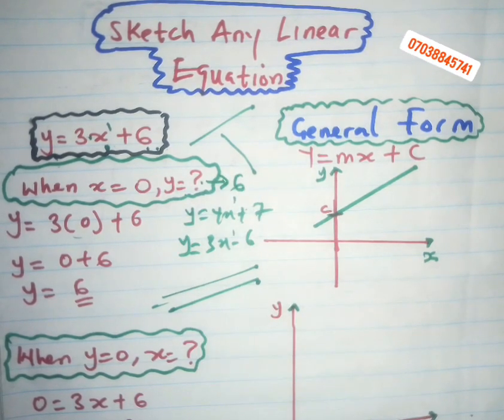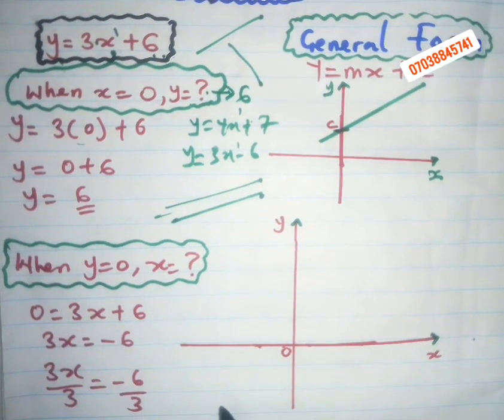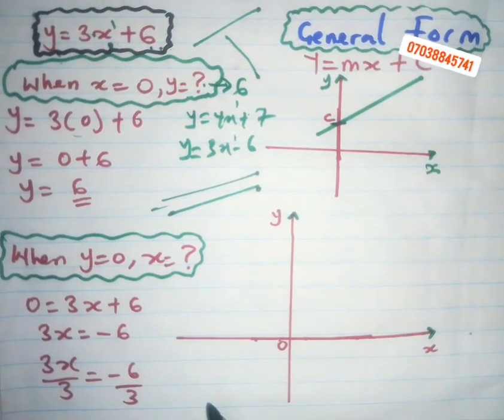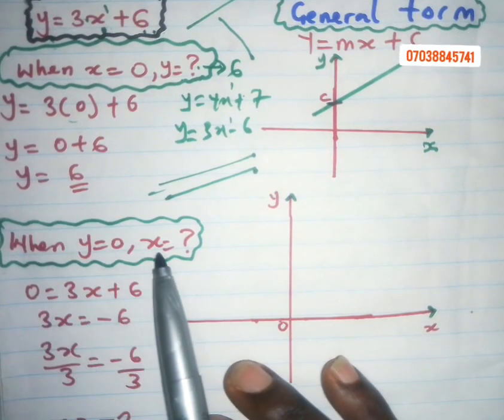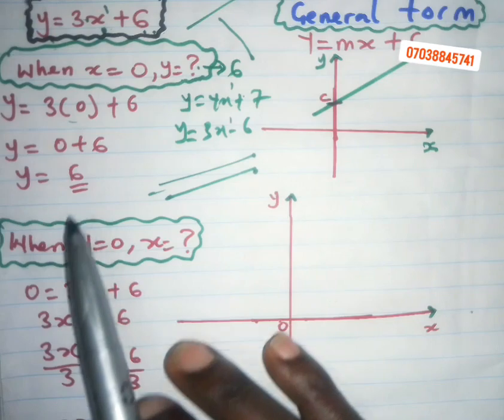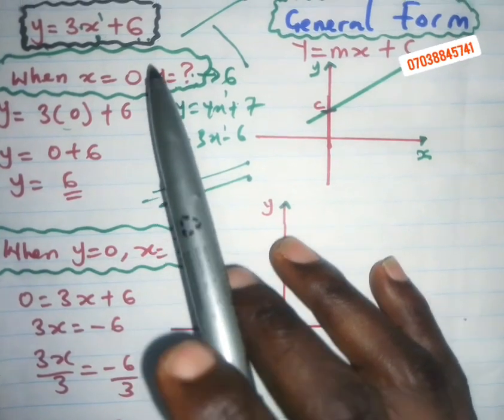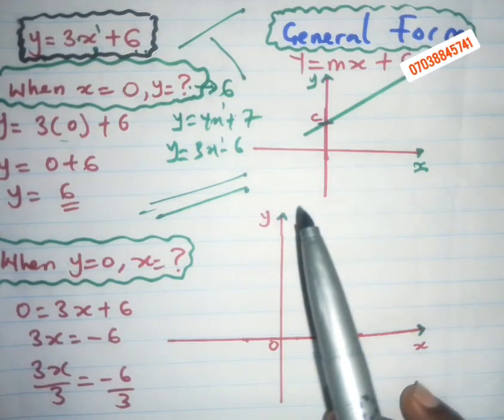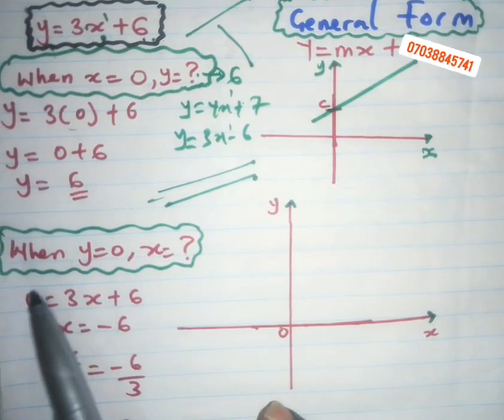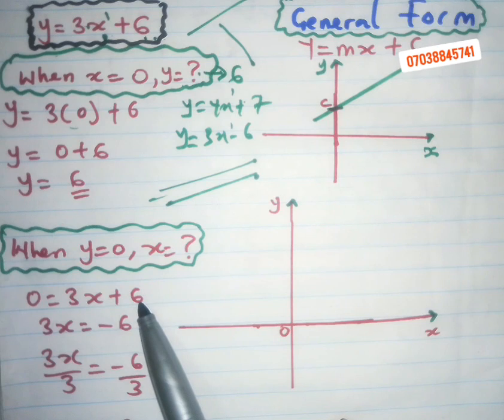Now the second point to use is when y is 0, what is x? So you come to this original equation here. Anywhere you see y, you put in your 0. So you have 0 equals 3x plus 6.